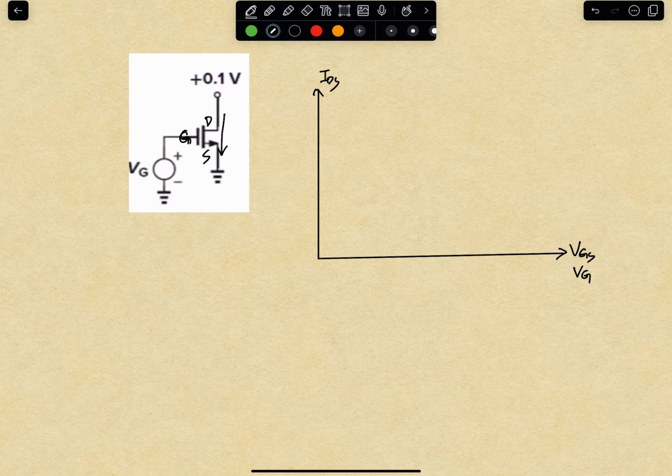The first thing is that there's a threshold voltage of the MOSFET. For different MOSFETs, there are different threshold voltages. When the VGS is less than VTH, the transistor is off, so there will be no current flow.